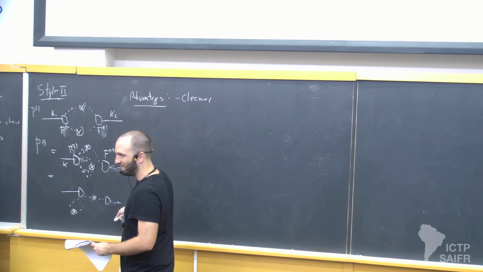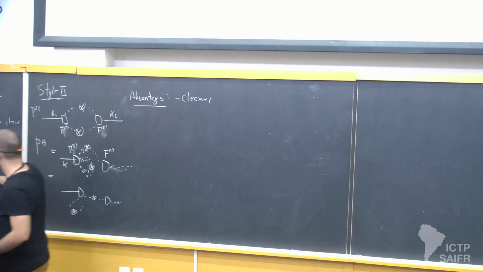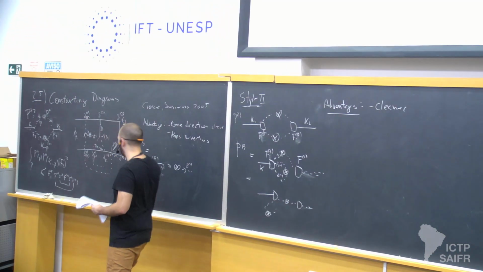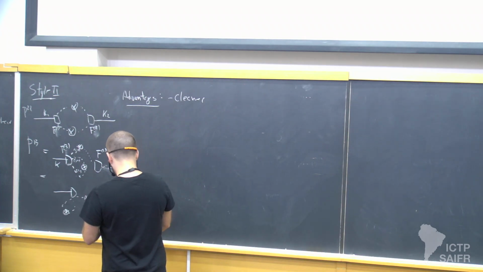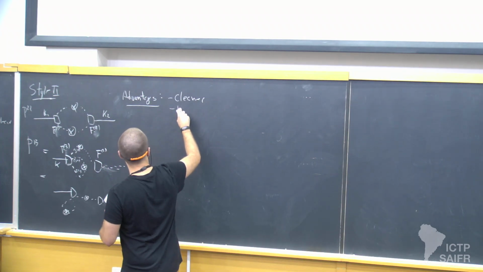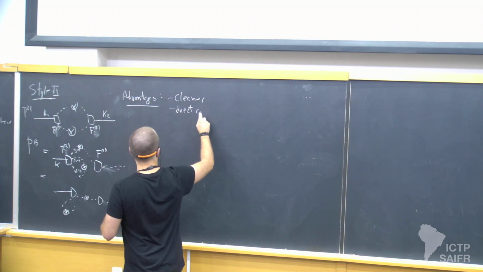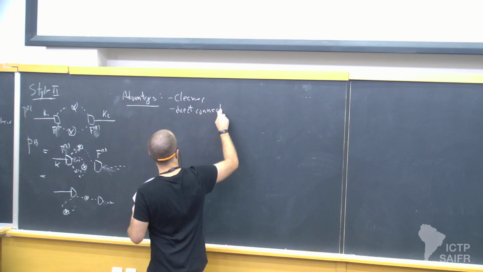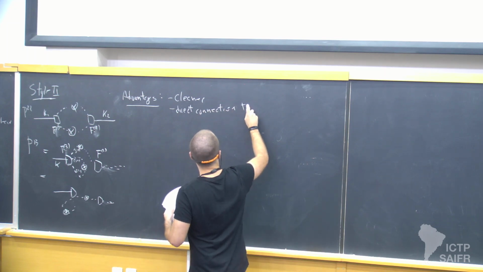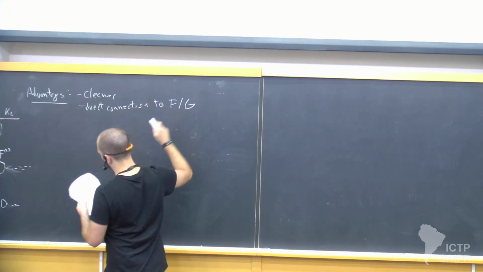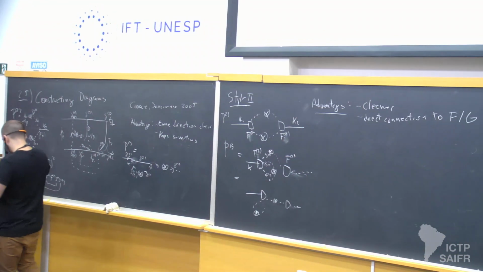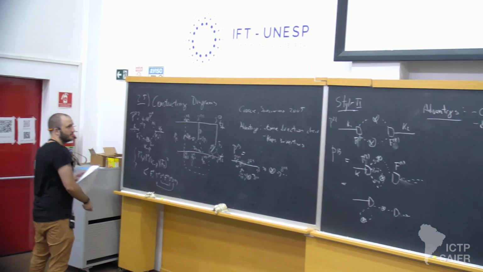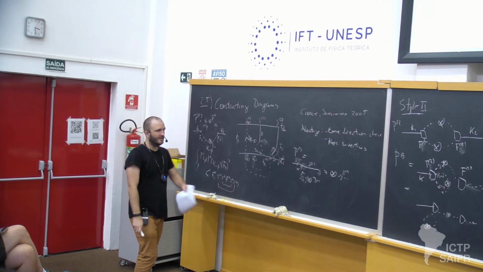For me, this is cleaner; I got used to this one. And there is a direct connection to the F and the G kernels, so you basically bypass alphas and betas. I think this one is mostly used.